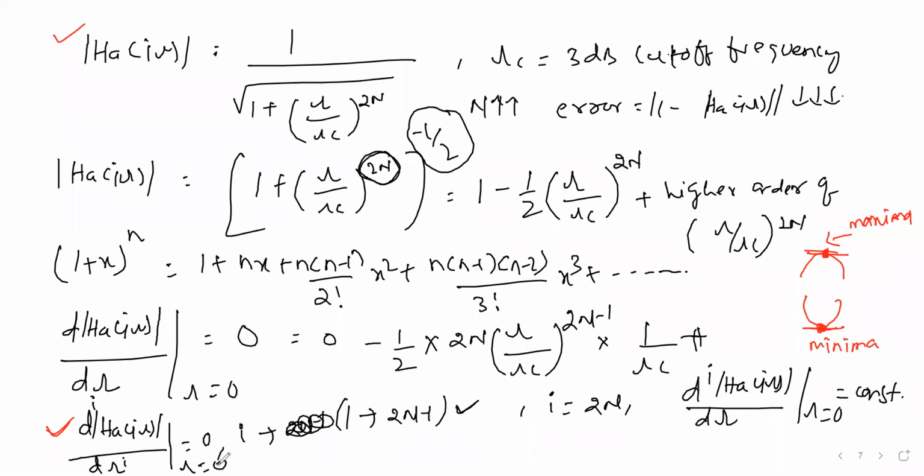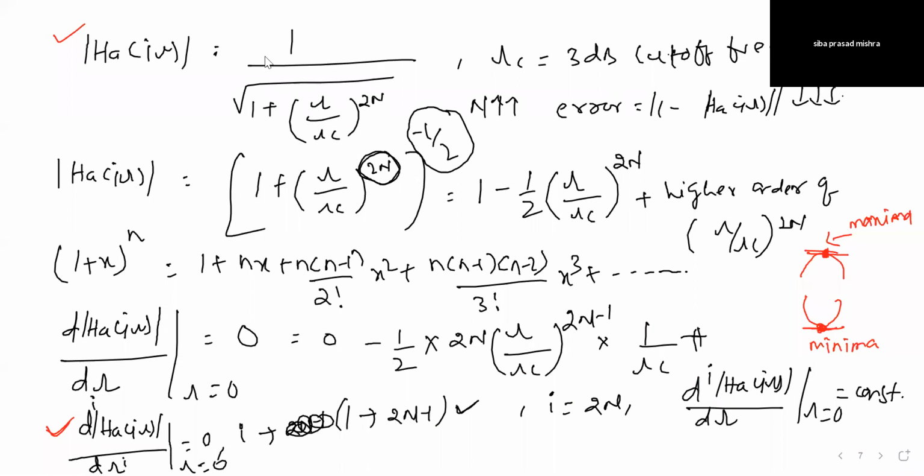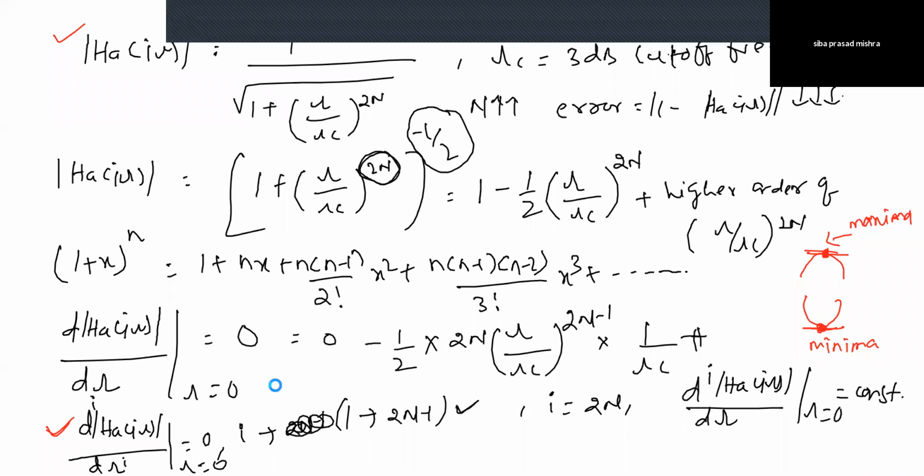Single differentiation equal to 0 means it's a single flat point, either maxima or minima. But here it is not single. You are getting 2n minus 1 times a 0 value. Okay, so hence it is maximally flat.